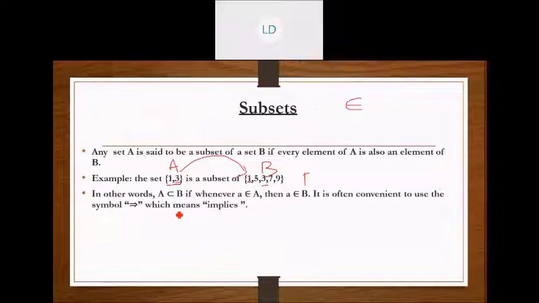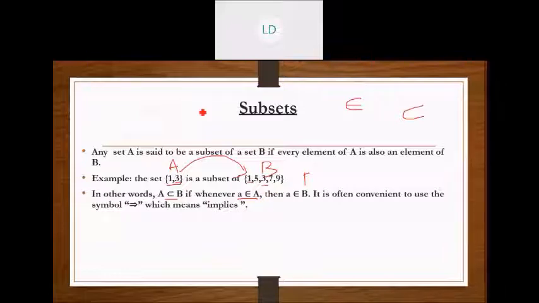Now this symbol, almost like a C, indicates the subset. So we say A is a subset of set B if any element of A belongs to the smaller set, then it definitely belongs to the bigger set. This is another way of saying this definition.